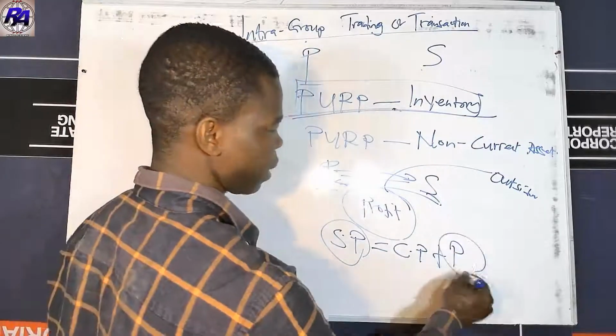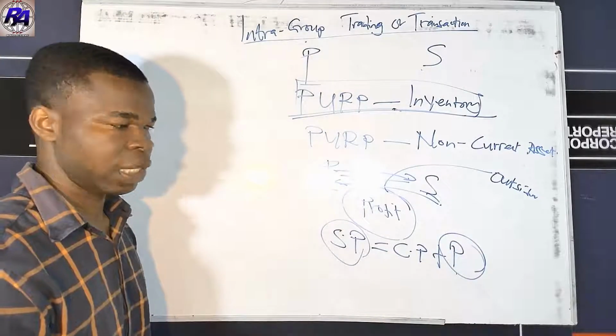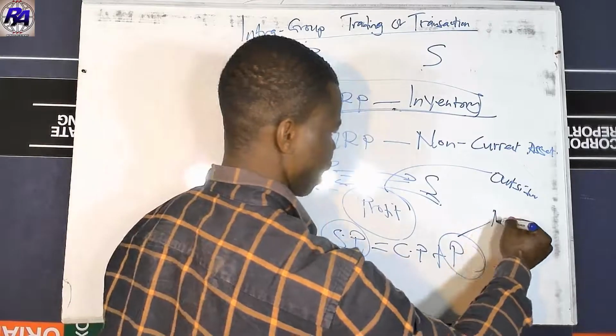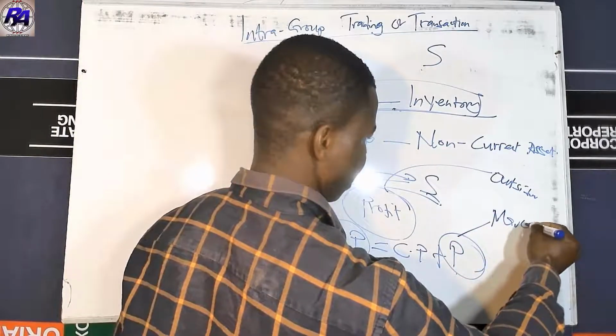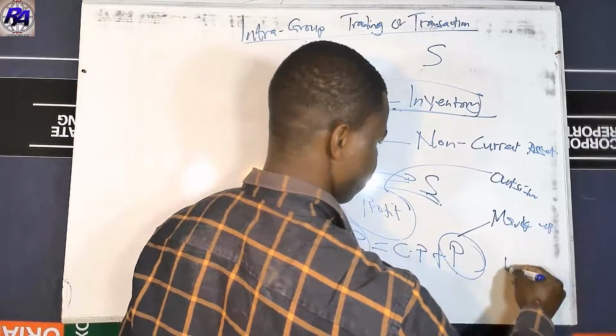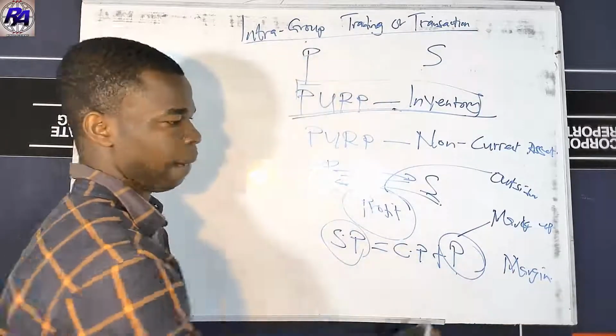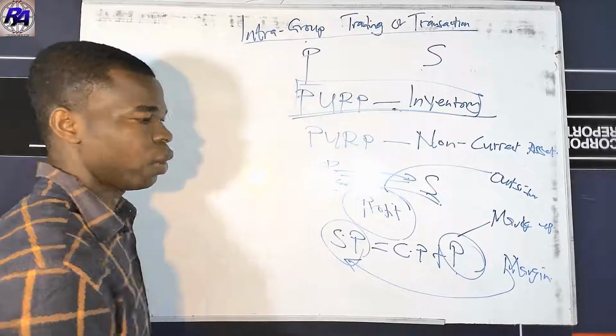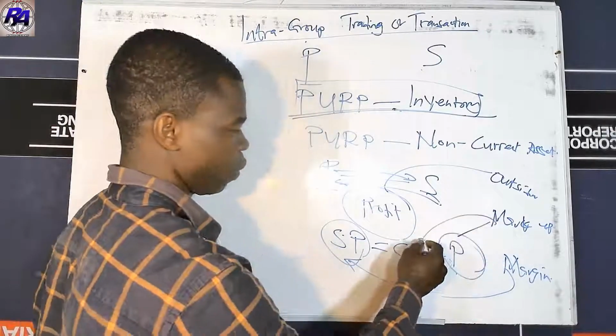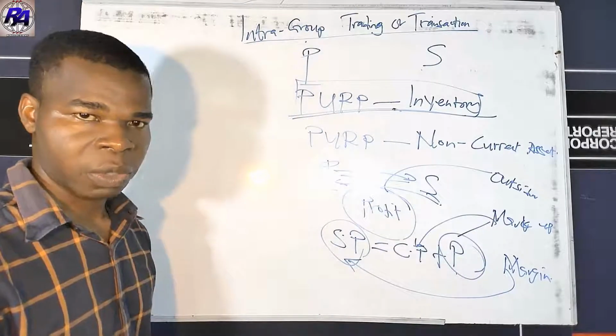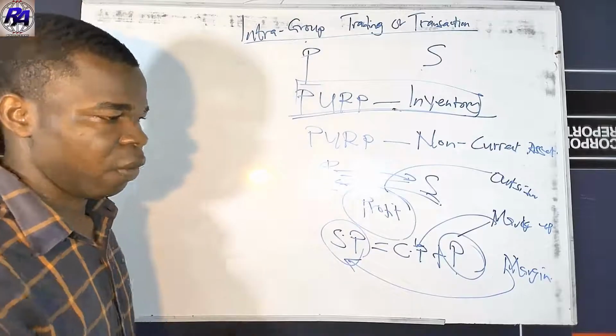This profit element has several ways of calculating it. Either we use what we call a markup, or we use what we call a margin. Remember that margin is computed on the selling price and markup is computed on the cost price, or the cost of the item.